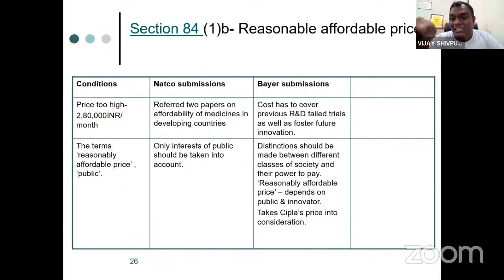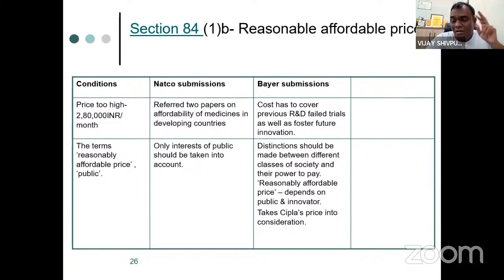Now, the distinction should be made between different classes of society and their power to pay. What I mentioned, the friend of mine who is working with a global MNC, for them the pricing affordability is different. For me, sitting in a small town, the pricing affordability is different. I can't afford those things.